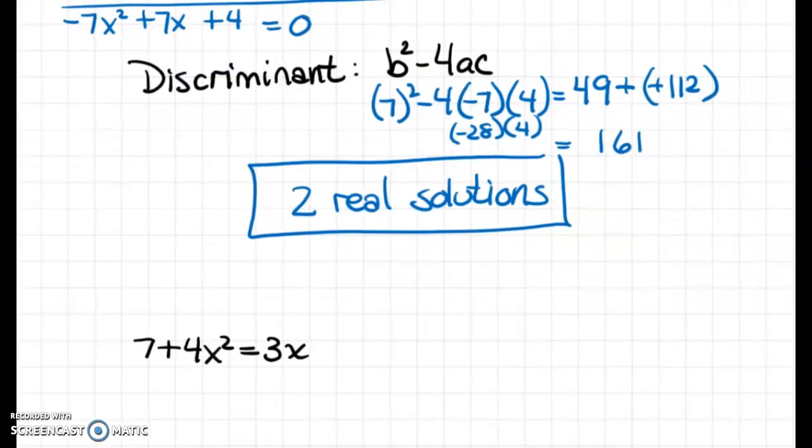All right, my last problem that I'm going to do here is this one. Again, this one doesn't really look anything like the standard form of my equation. Terms are mixed up and nothing's in the right order, and then I have this 3x on this one side. So I have a positive 4x squared, and I have a positive 7.